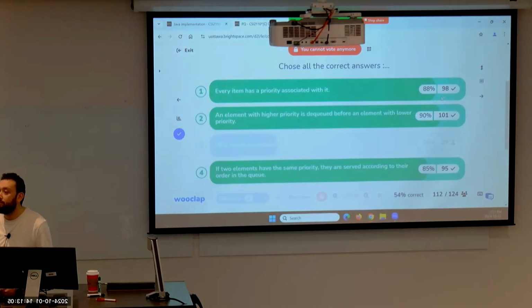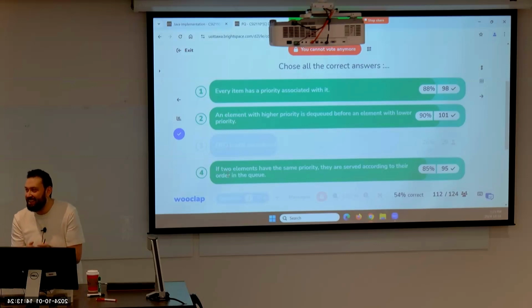The last answer, if two elements have the same priority, they are served according to their order in the queue. Exactly. So they're both right, okay. That's why I'm not being very picky about it. But you get the idea.